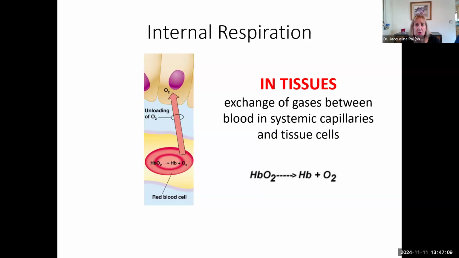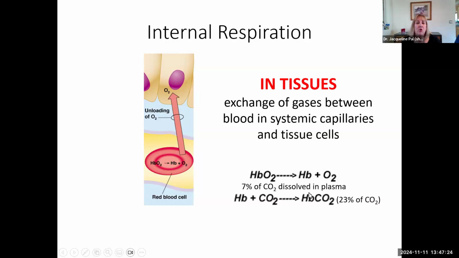And then it's going to deal with carbon dioxide. It's going to pick up carbon dioxide from the tissue. So remember, 7% of carbon dioxide is going to be dissolved as a gas in plasma. 23% of carbon dioxide is going to be bound to hemoglobin directly.